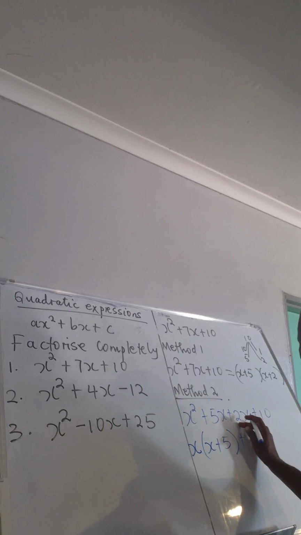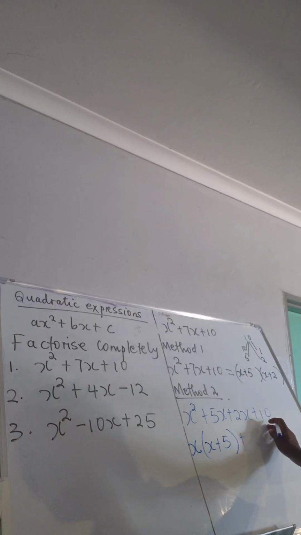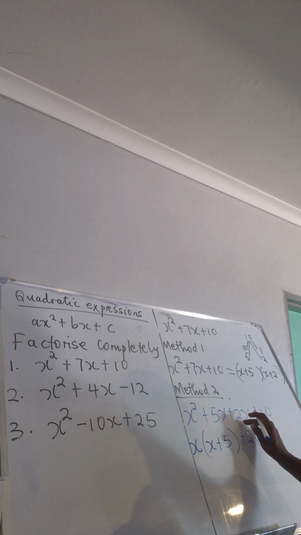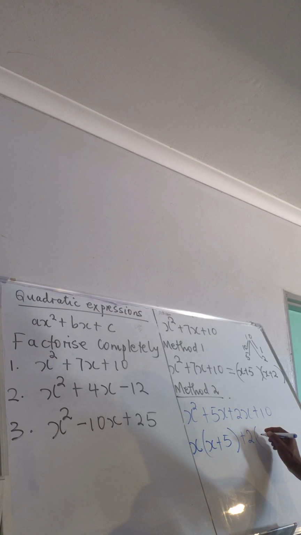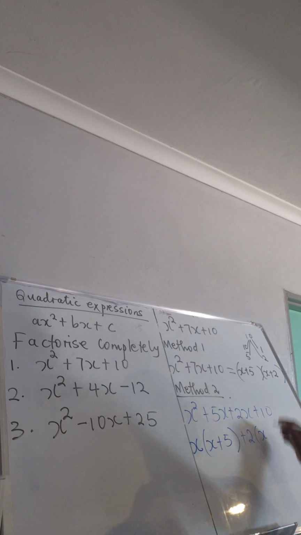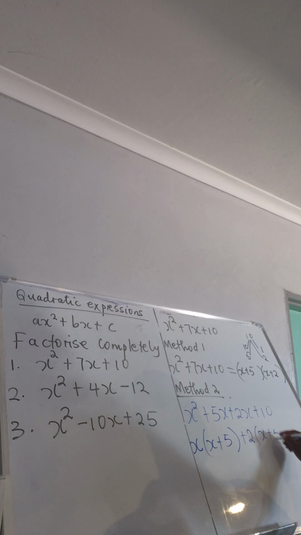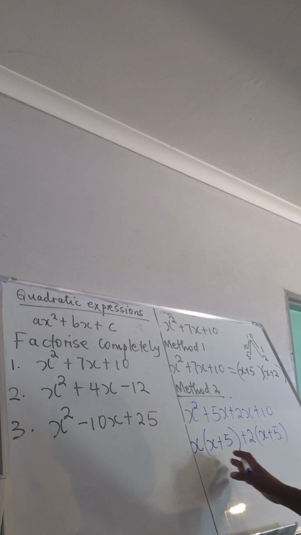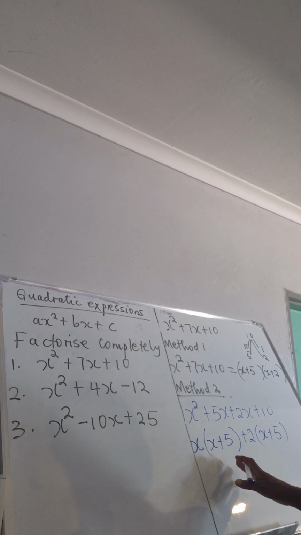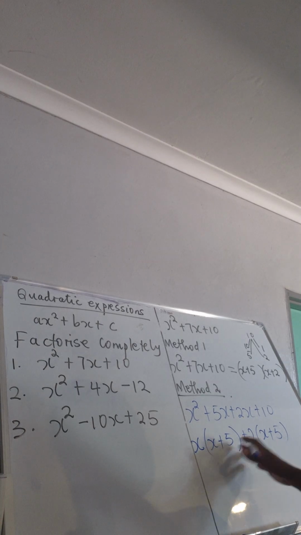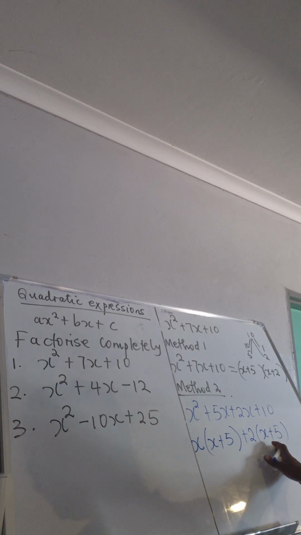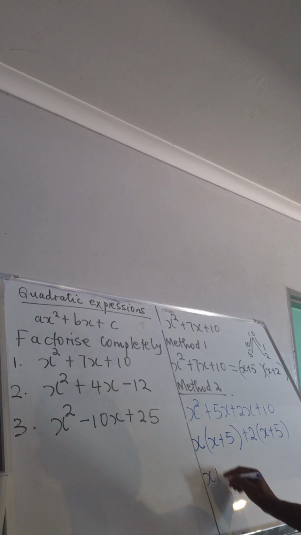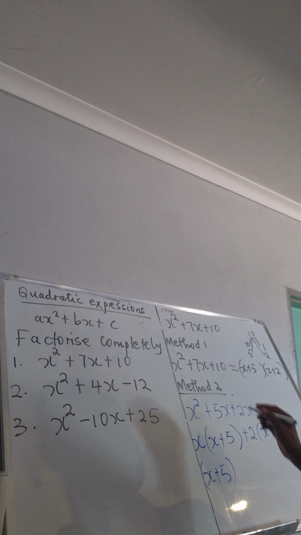Then plus 2x plus 10, there's a common factor here. Our common factor is 2. You divide 2x by 2, you get x. 10 divided by 2, you get 5. So we continue now. There's a common factor again. The common factor is x plus 5. You can see there's x plus 5 here and x plus 5 here. So put x plus 5 outside the brackets.